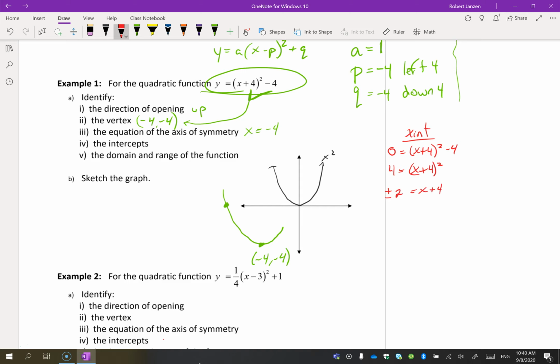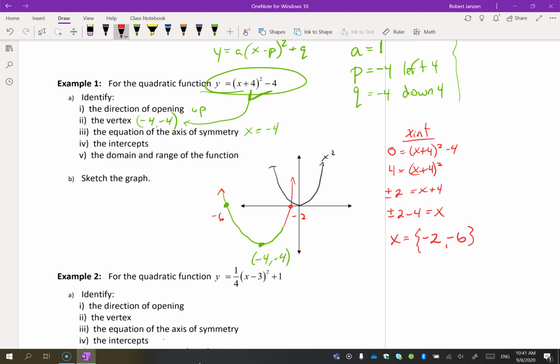So x is plus or minus 2, take away 4. And so x is plus 2 take away 4, which is -2, and -2 take away 4 is -6. So now I can go up here and say this is -2 and this is -6.